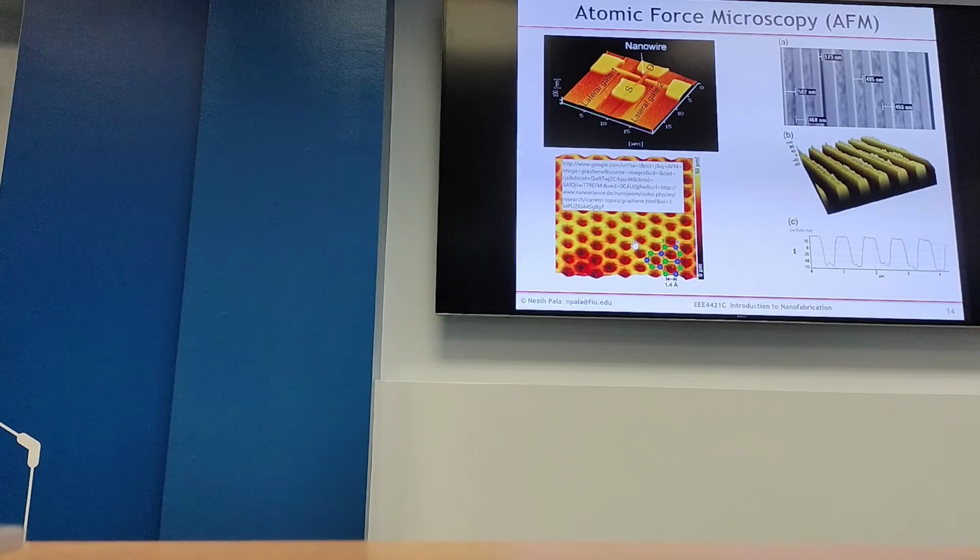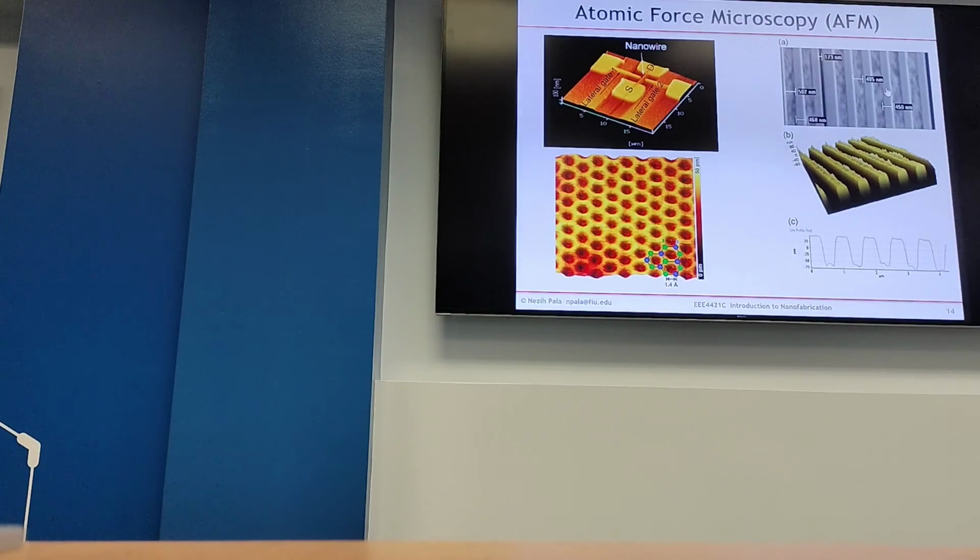The bright yellow shows actually the carbon bonds between carbon atoms. That's so impressive. We can see almost the atoms using a mechanical tip, right? No electronics, no very sophisticated techniques are involved. Very simple: a tip, just scan over it, and you simply monitor how much it's deflected, and you can image the atoms.